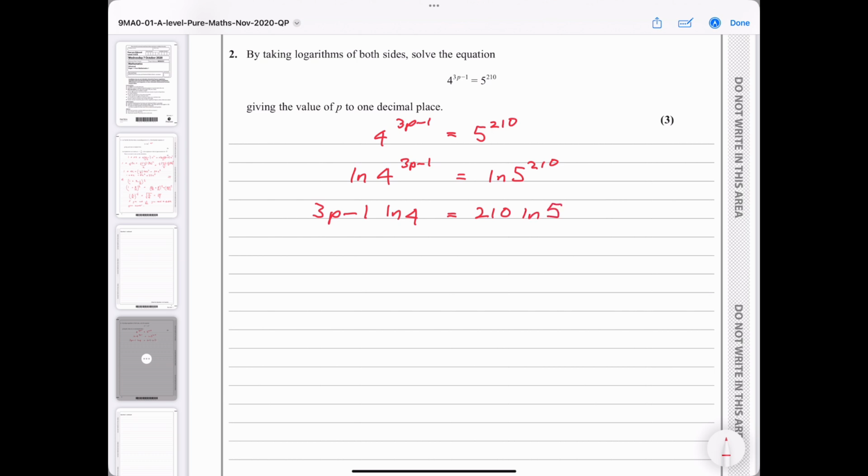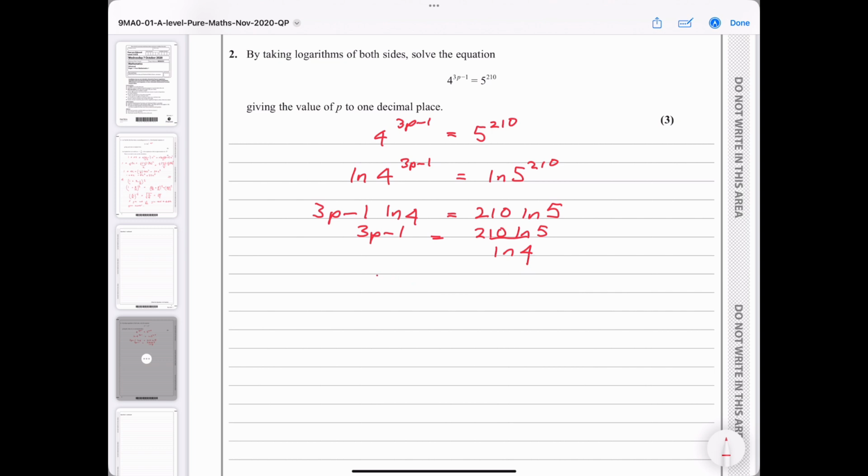Okay, now we can divide. So 3p minus 1 equals 210 ln 5 over ln 4.